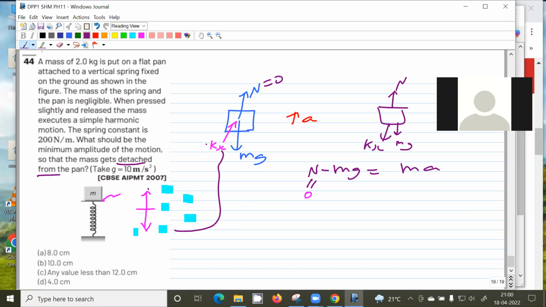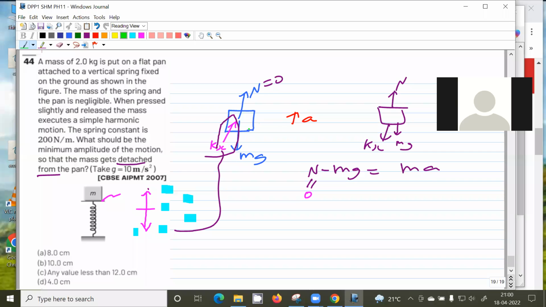Okay, here a small mistake is there. kx is not acting on this mass. kx is actually acting on this platform, and the contact between the platform and the mass is only the normal reaction. So spring force is going to act only on this platform, so it won't act directly on the mass.